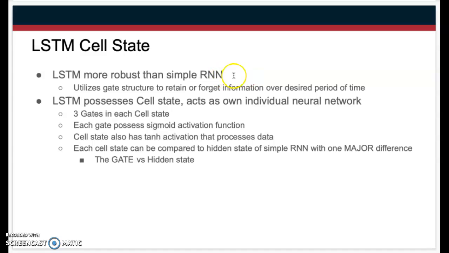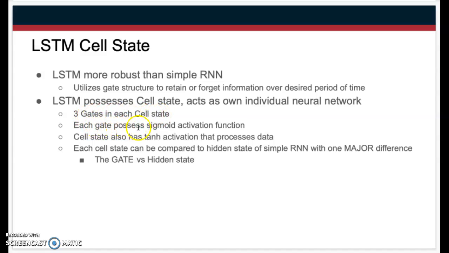And so the simple RNN has good short-term memory, but exponentially loses its long-term memory, whereas there are structures in place in the LSTM that allow us to retain information over long periods of time. The LSTM possesses a cell state which acts as its own individual neural network, and there are 3 gates in each cell state.